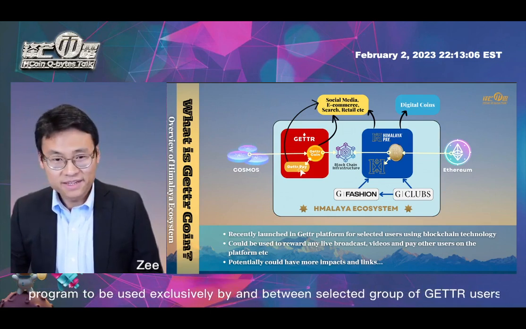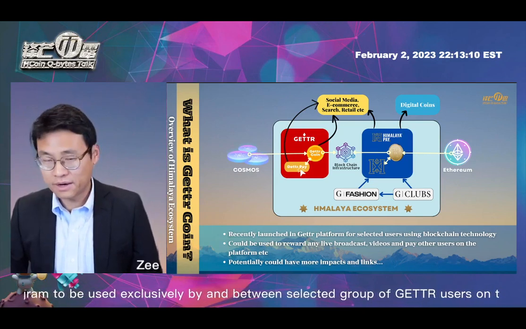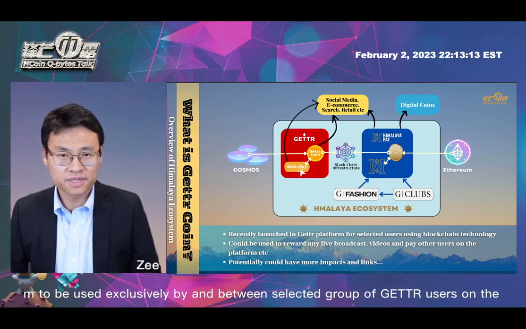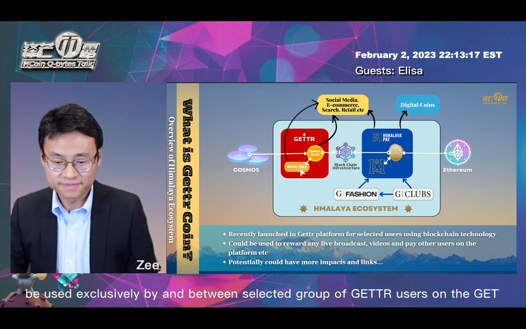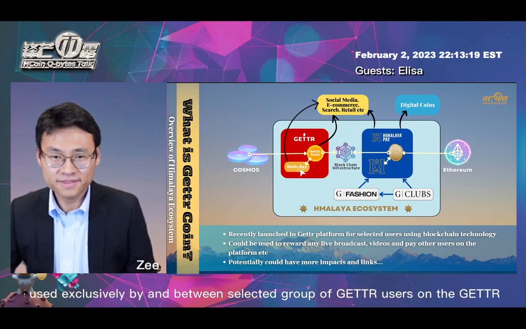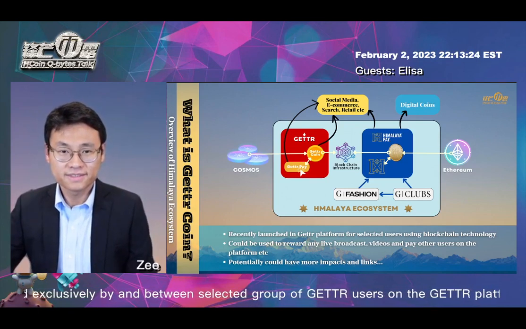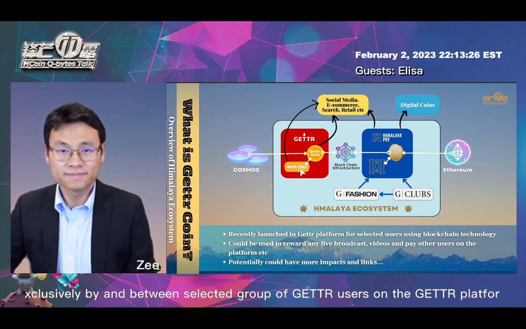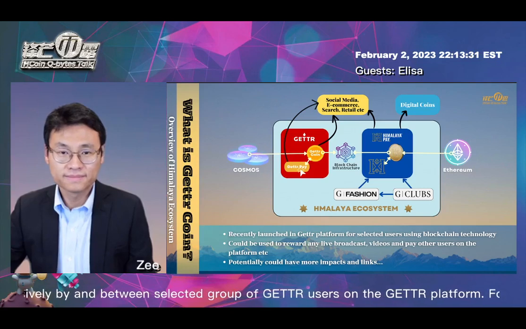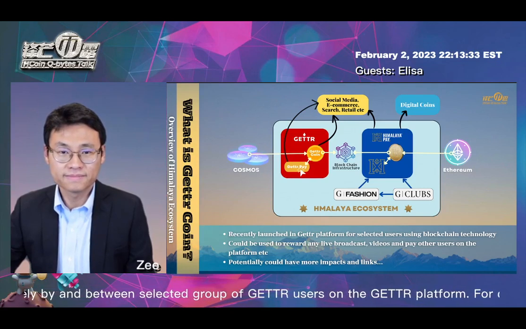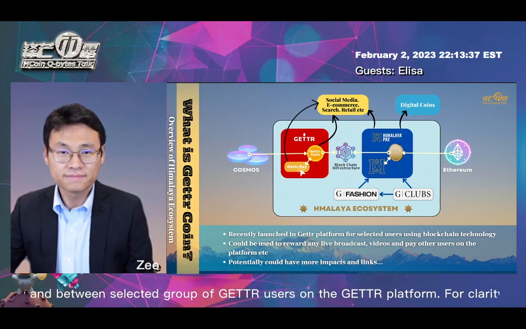Back to Elisa. Anything you want to add in terms of your experience and your thoughts about our whole Himalaya system together with the Gettr coin? Yeah, I just want to echo what Eveline said. What is beautiful about this way of doing social media is that anyone who is homeless, anyone who is at the bottom of the pyramid can be part of this.